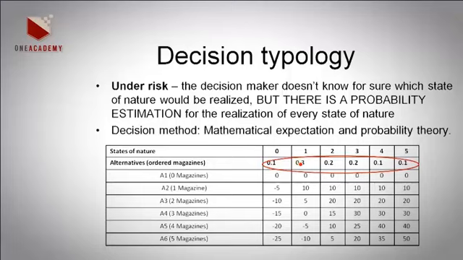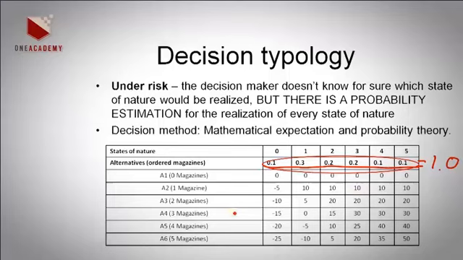Which basically means that in our decision matrix, we not only have the states of nature and the alternatives, but we also have an estimation for the probability of occurrence of each state of nature. I would like to remind you that the sum of these should be equal to 1 or to 100%.